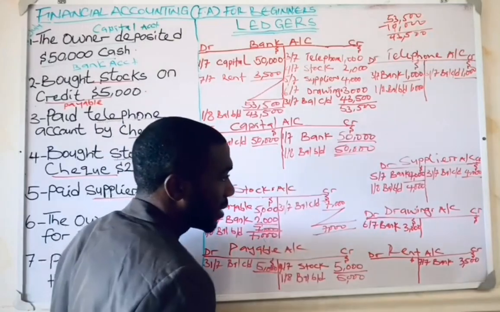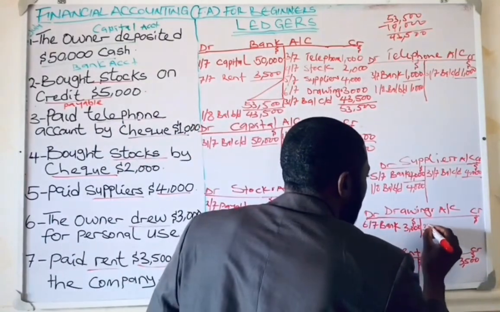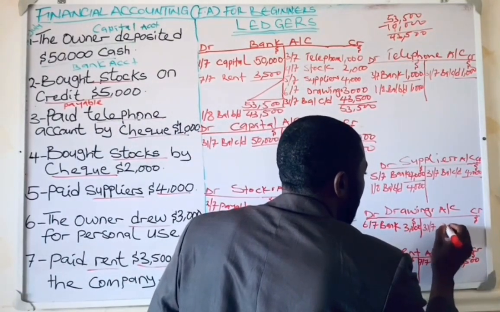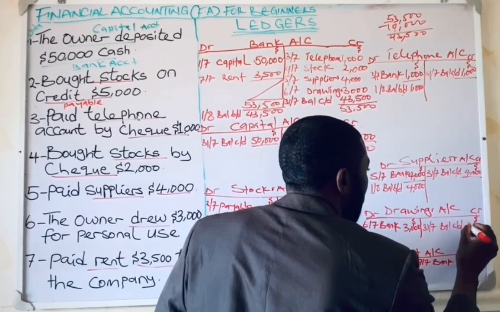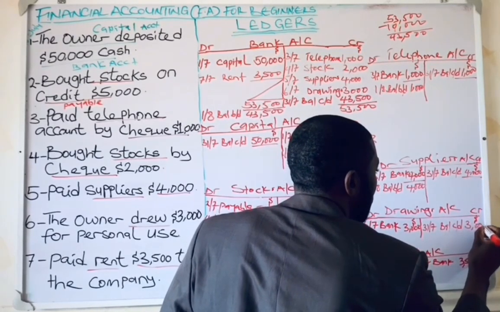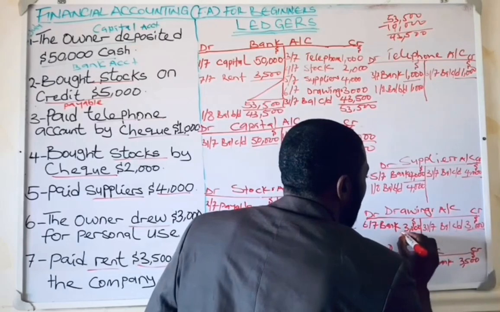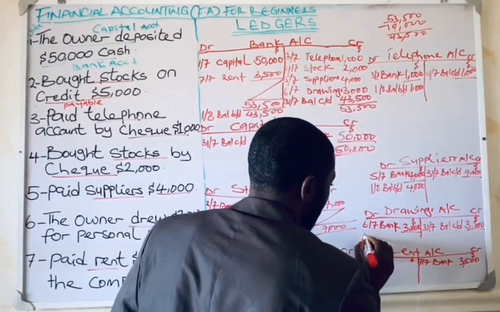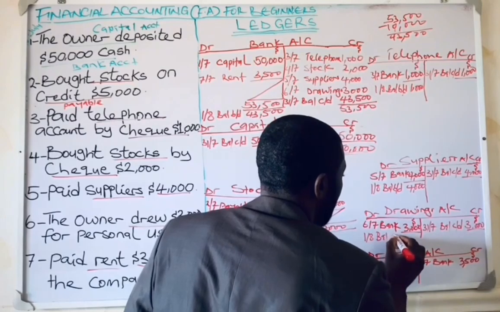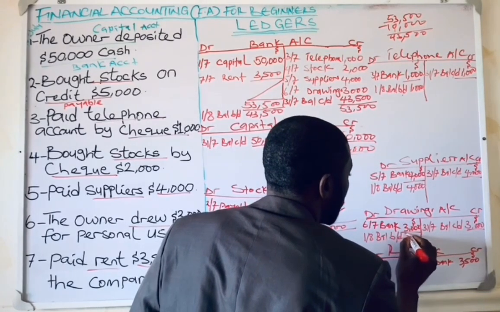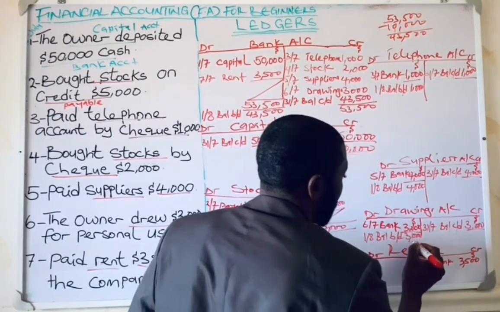Like that, at the end of July, balance CD of $3,000, and on the 1st of August, balance BD of $3,000.